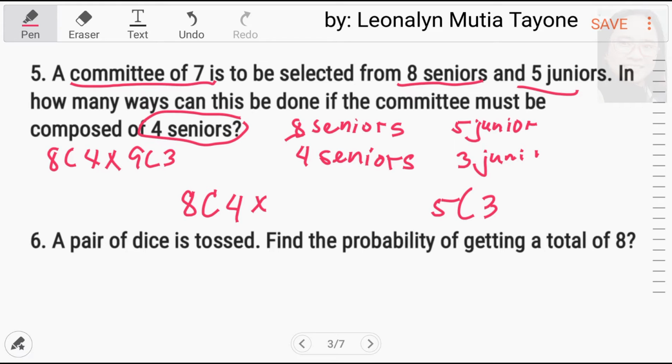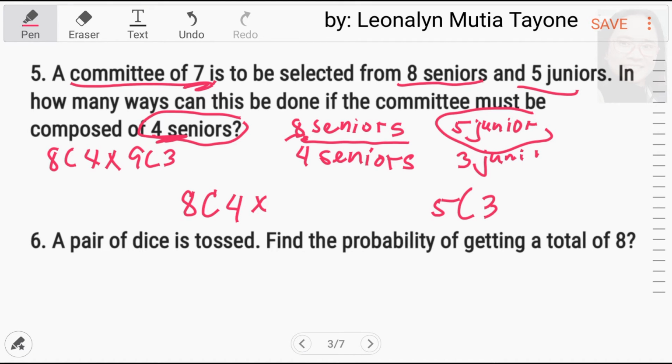Kaya 9 ang sagot ko kasi 5 juniors plus yung 4 na natira dito sa 8 seniors. There are 8 seniors, tapos sa 8 seniors, kukuha ka ng 4, may 4 pang natira. Yung 4 na seniors na natira, posible pa yung mapili para sa 3 pang space na natira. 4 seniors.